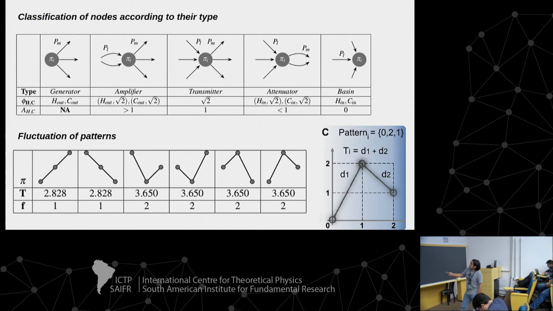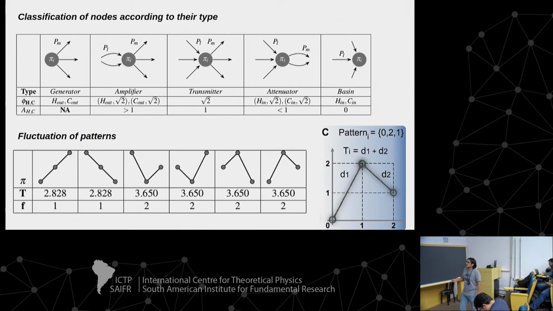So the Euclidean distance for this whole pattern is going to be about 3.665. It's the Euclidean distance from this point to this one plus the Euclidean distance from this point to this one.